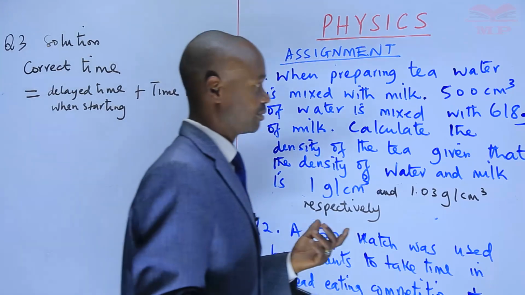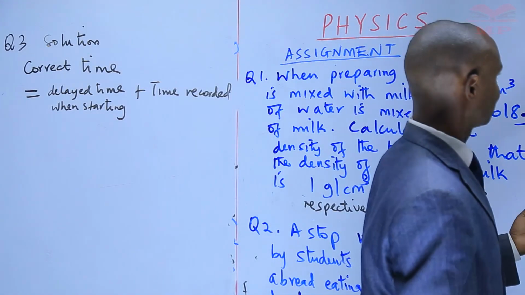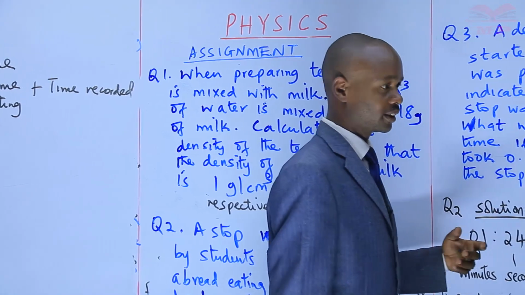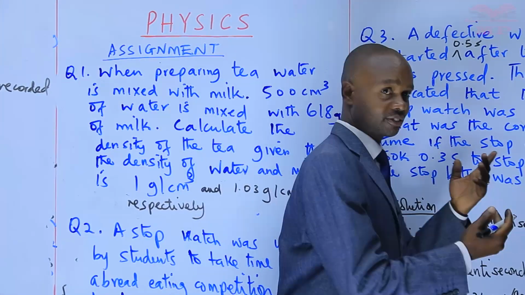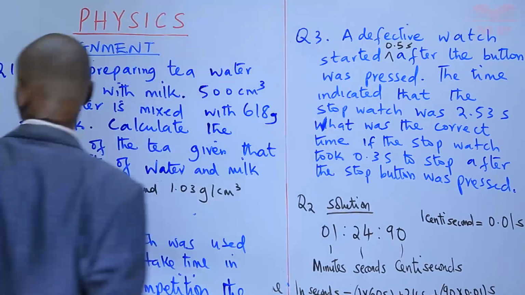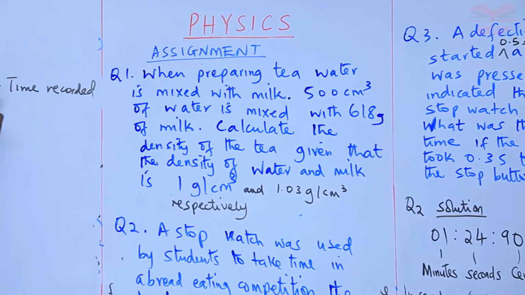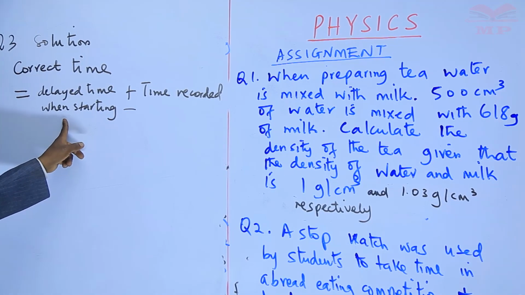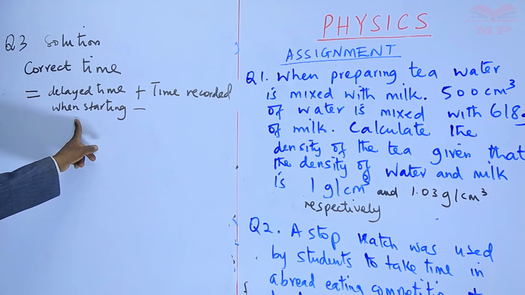Then you come to the, if the stop clock took 0.3 seconds to stop, it has added time that was not there. So in the last one, you should subtract. So here it was the time delayed, but here you are told took 0.3 seconds to stop.